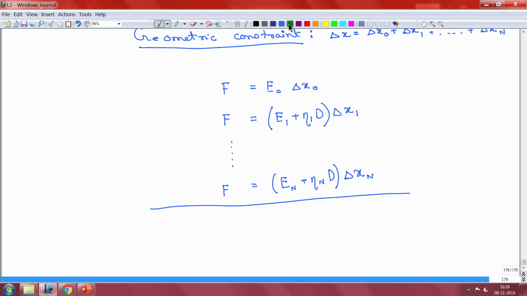We are going to multiply this entire part by 1 by E naught, so that I cancel this part out, and then multiply with all these different factors E 1 plus eta 1 d, all the way till E N plus eta N d.